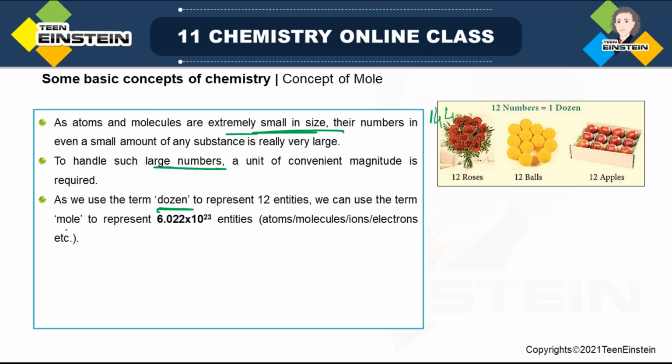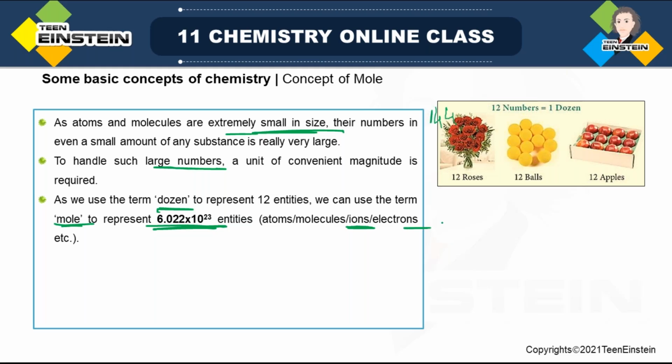When we say mole, it means this number of any quantity, not necessarily atoms or molecules. Suppose I am saying 1 mole of ions, then it will mean that 6.022 into 10 to the power 23 ions are present, or electrons are present, or protons are present.